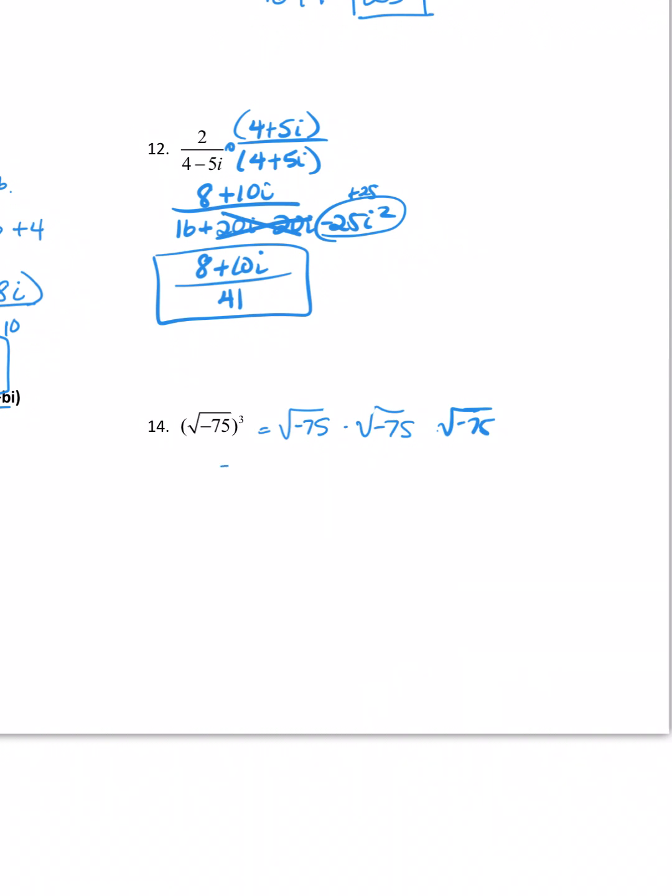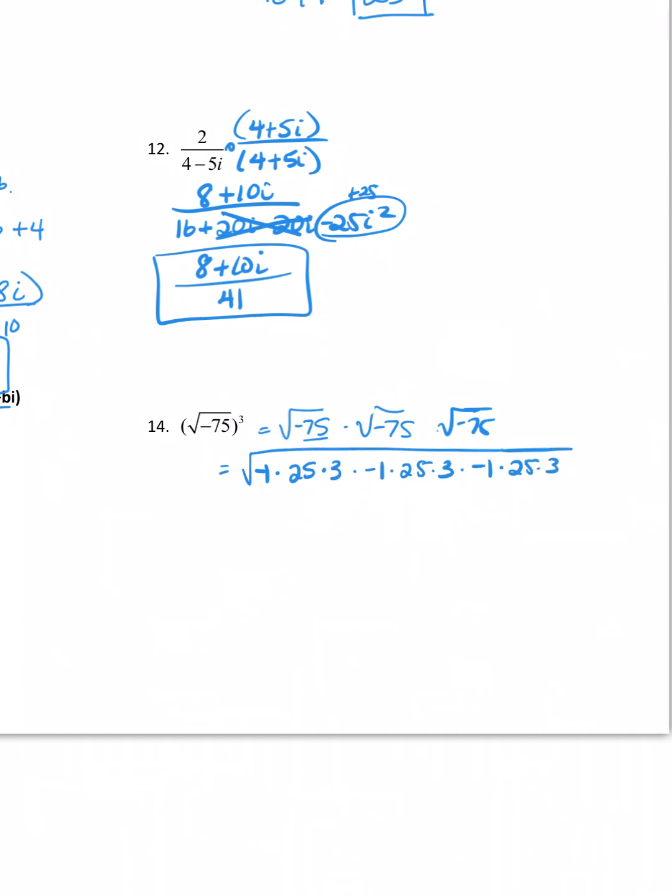Let's reduce this all under one radical really quickly, okay? So I have a negative 1 times 75. If I reduce that down, I'll have 25 times 3. If I do it again, I'll have negative 1 times 25 times 3 times negative 1 times 25 times 3, right? That's all three of them.